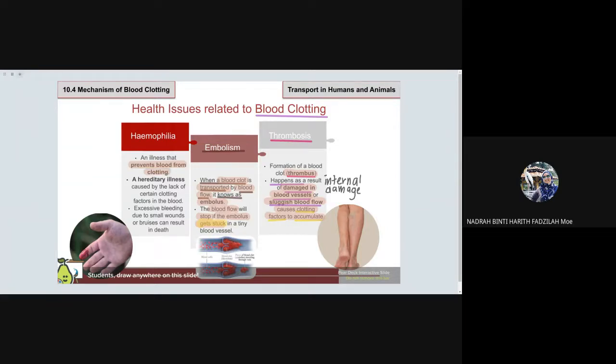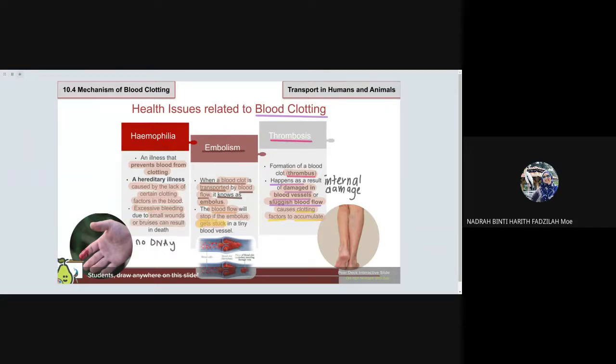Mereka tak ada maklumat genetic information, mereka tak ada DNA yang membawa maklumat genetik cara-cara untuk produce clotting factors. So bila kita compare dengan orang yang normal, they have excessive bleeding, they cannot close their wounds at a normal rate, and bruises can also result in death.